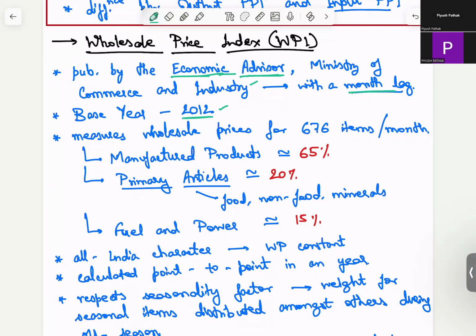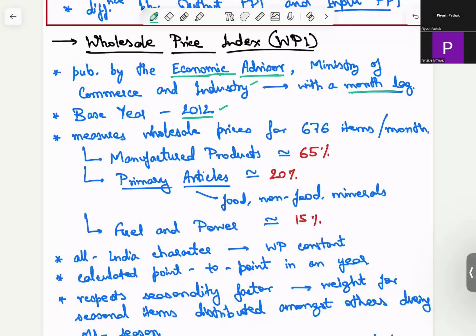Now it is important to understand what is WPI, the wholesale price index, or what is an index. What an index does is measure inflation. I have two different points at which I can measure the general increase and decrease in the prices of items.